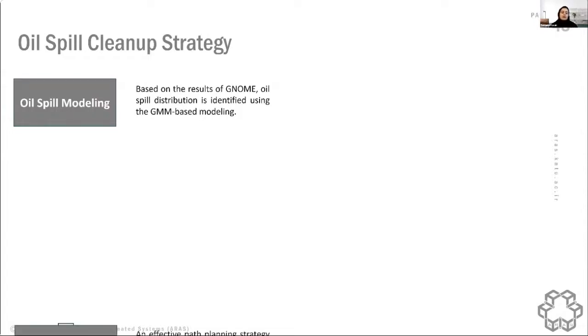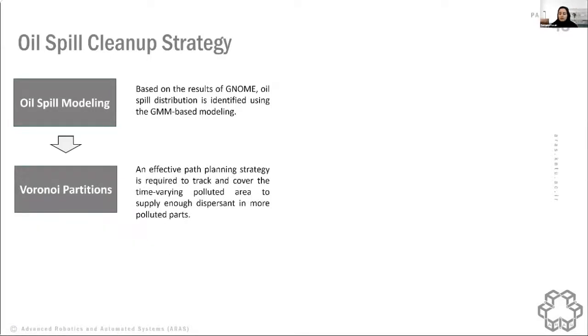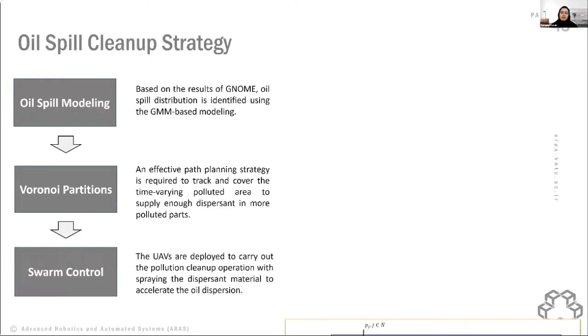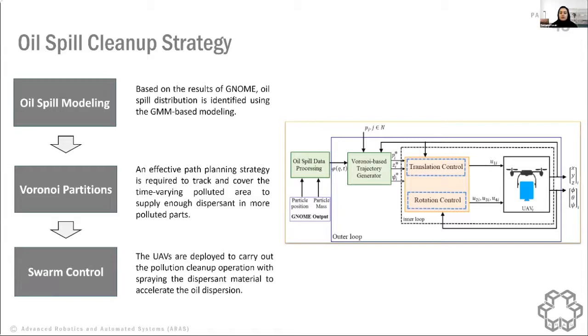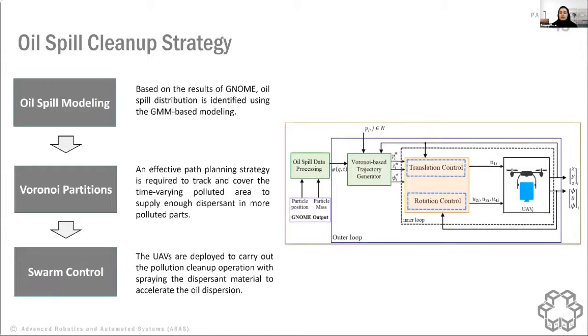Then we developed a deployment strategy based on Voronoi partitioning, and this deployment is based on the Gaussian mixture model that we have. Then the controller autonomously adapts the UAV configuration with respect to the oil spill distribution. And finally, the spraying strategy is designed to reduce overdosing and underdosing, because these dispersant methods are sometimes toxic to other parts of the ecosystem.